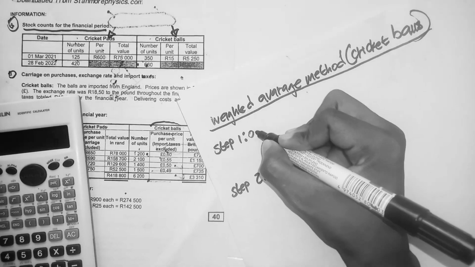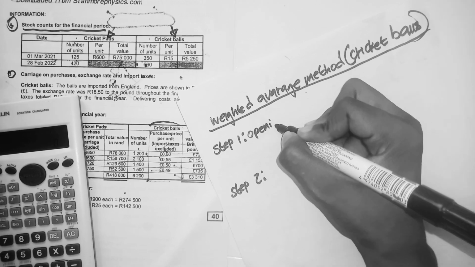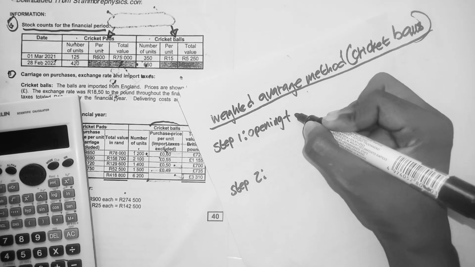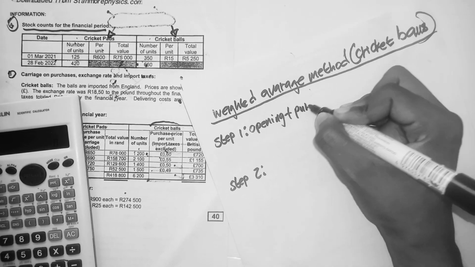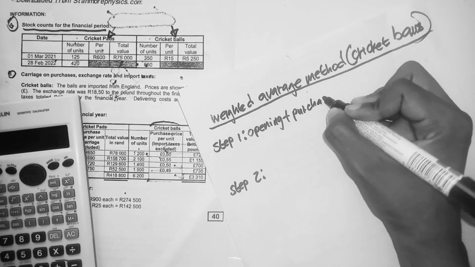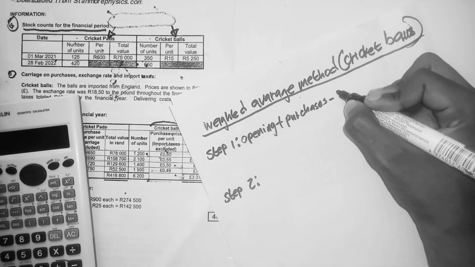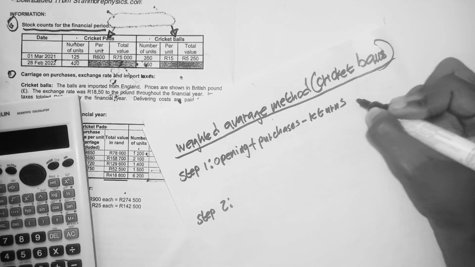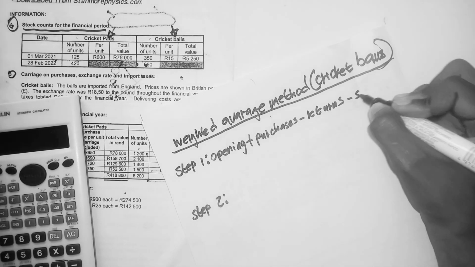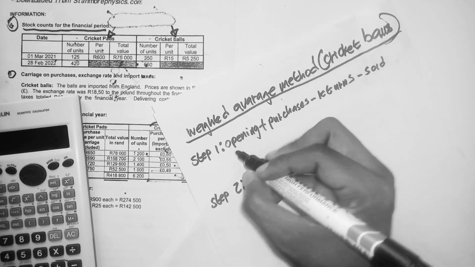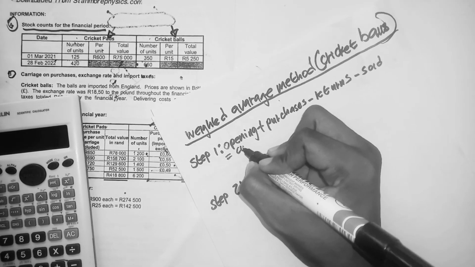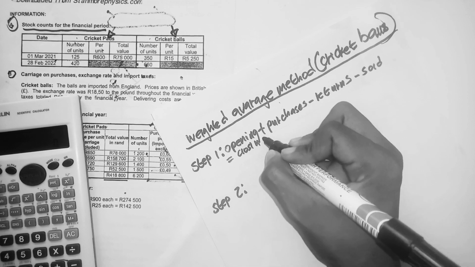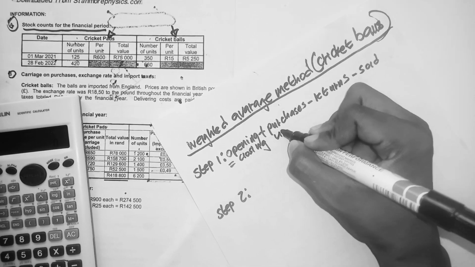So it's opening plus purchases minus returns minus units sold equals closing units.